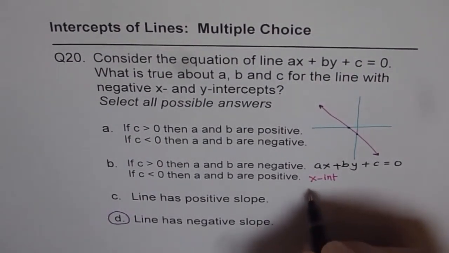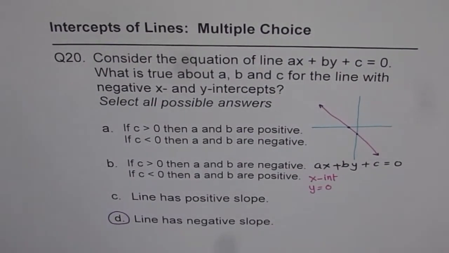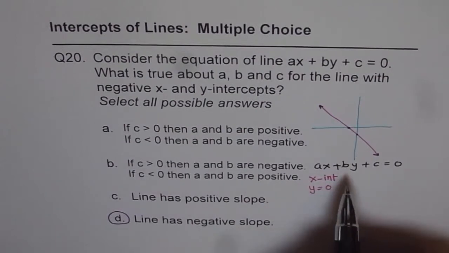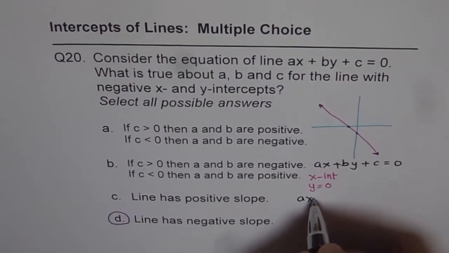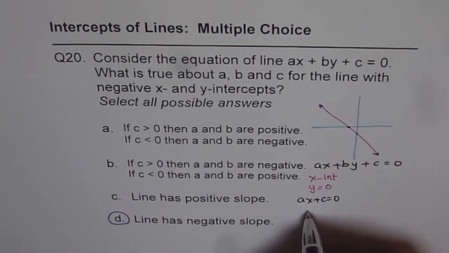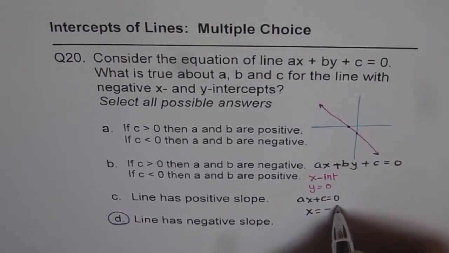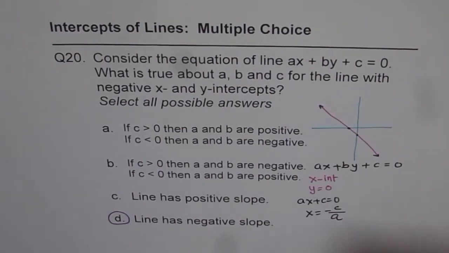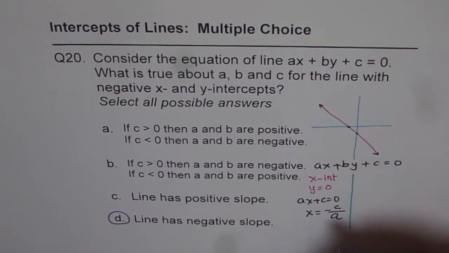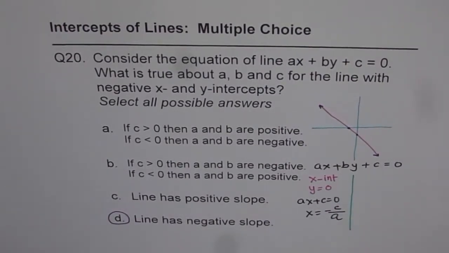X-intercept means what? Y equals to 0, right? So that is what is x-intercept, a point where y equals to 0. If I write y equals to 0 here, what do I get? I get ax plus c equals to 0, or I get x equals to minus c over a. So that is what I get for x-intercept. So the value of x-intercept is always minus c over a.